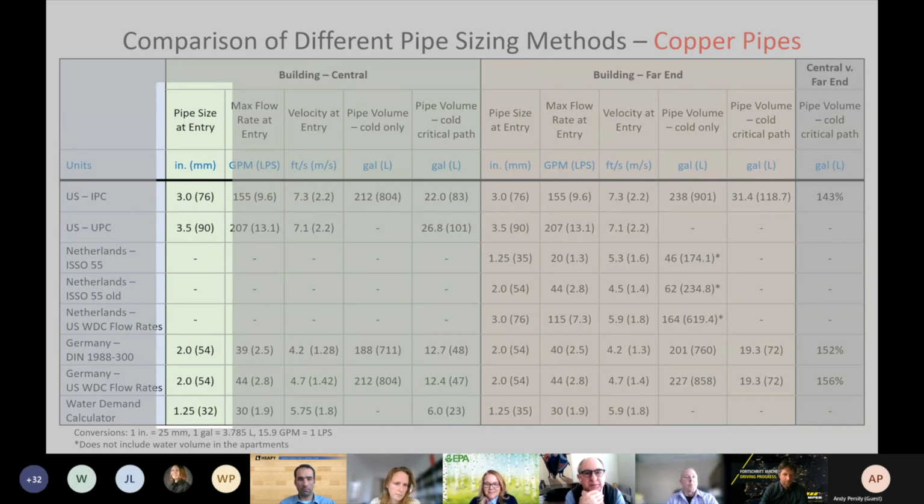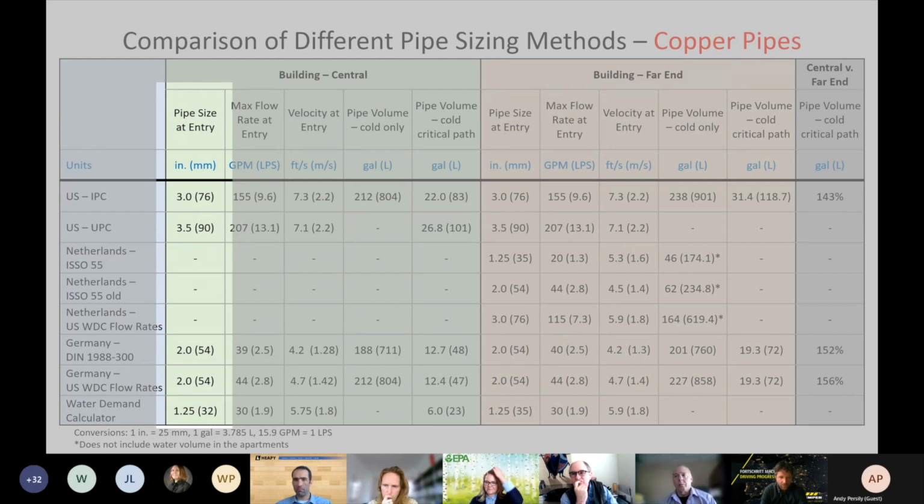And Frank, yeah, looking at the two choices there, they ended up with the same. That was really odd to me. Yeah, I think that shows, I mean, the second version, Germany, US WDC flow rates, that's the water demand calculator flow rates. I think they have been the lowest values from the three different US versions, the three lowest from IPC, UPC, and water demand calculator, and they have been closer to the German values than the other two.